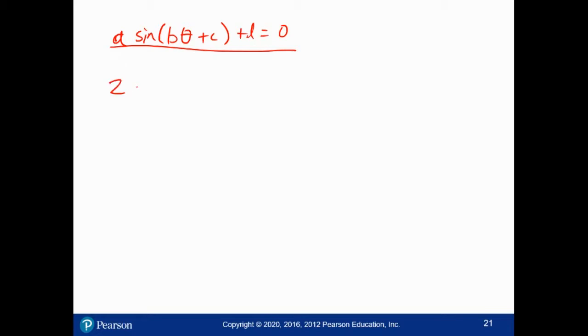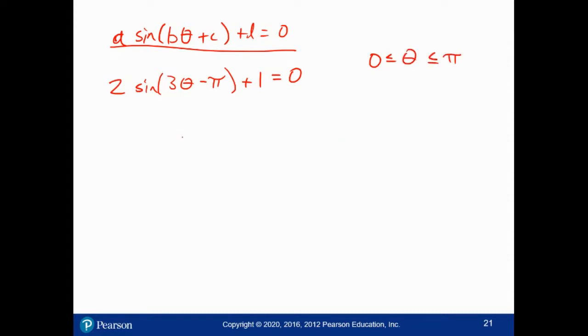How about 2 times the sine of 3 theta minus pi plus 1 is equal to 0. And let's say that we want all angles theta between 0 and pi.